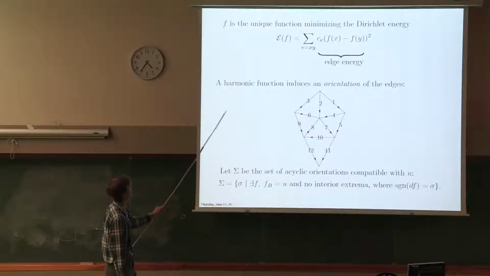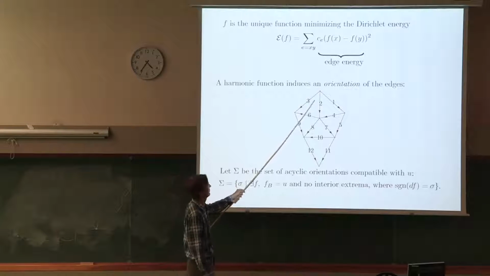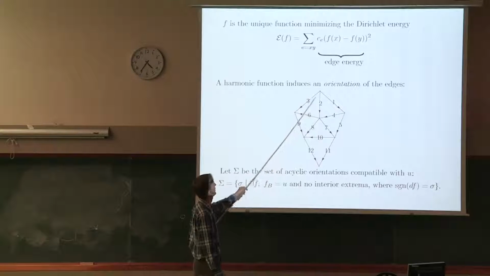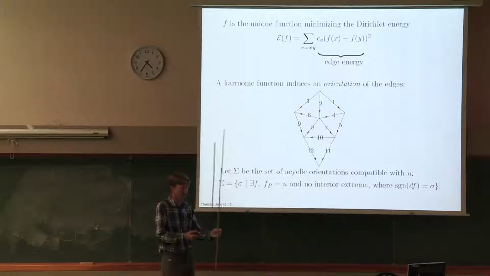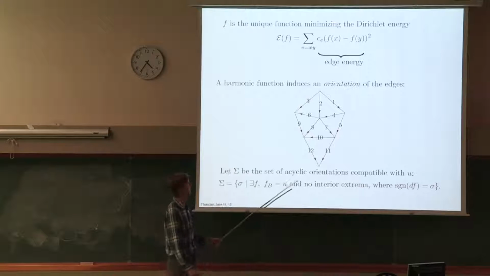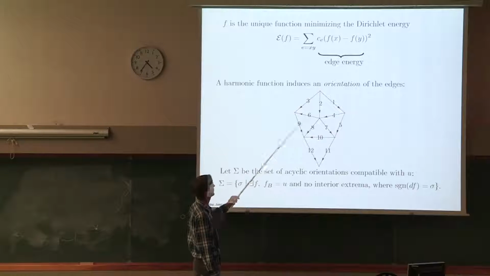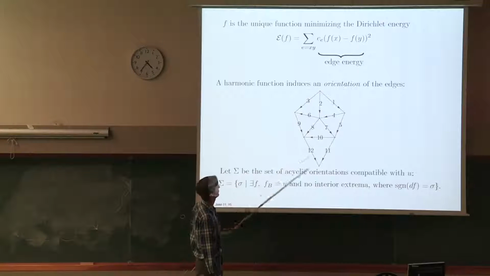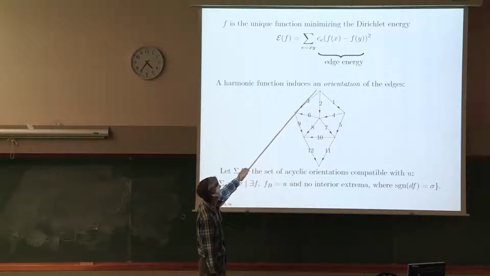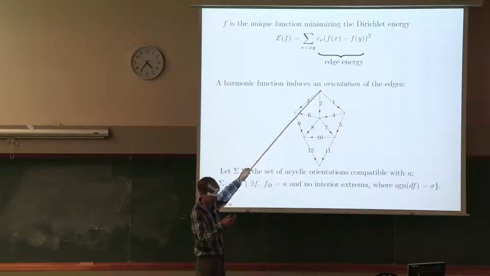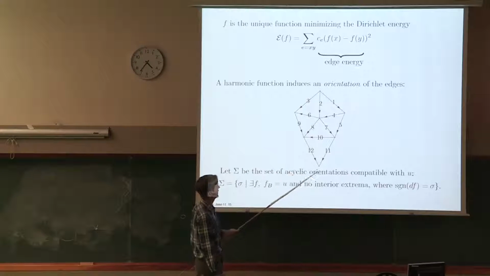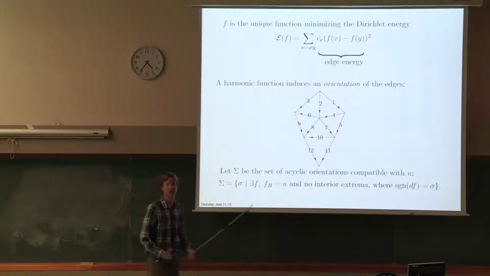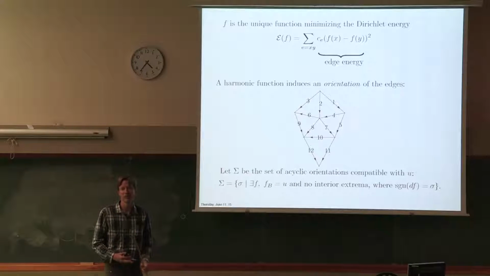Now when we have a harmonic function, there's a current flow associated, and that gives you an orientation of the edges, at least as long as the current is non-zero on every edge. So think of the edges as going in the direction of the current. At the top, where you plug in the positive terminal of the battery, it's going to be a source of current, and at the bottom, you're going to have a sink of current, but there are no other sources and sinks.